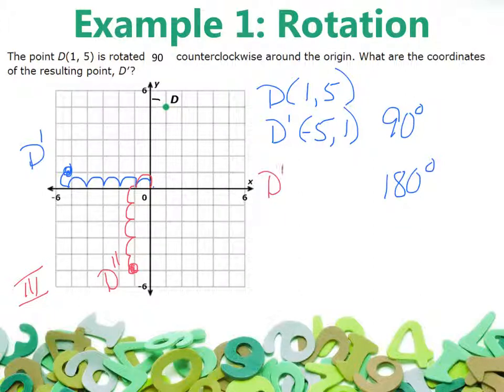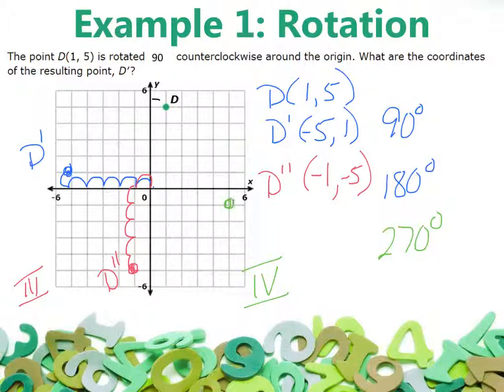So D double prime is going to be (-1, -5). And D triple prime, which is a 270-degree rotation, would end up in Quadrant 4. So that would end up right here. So D triple prime would end up being (5, -1).